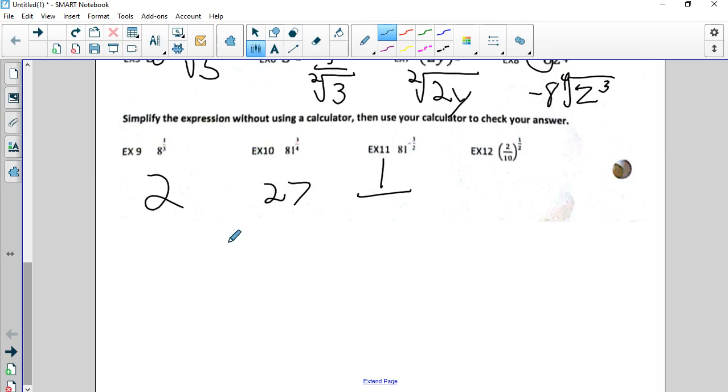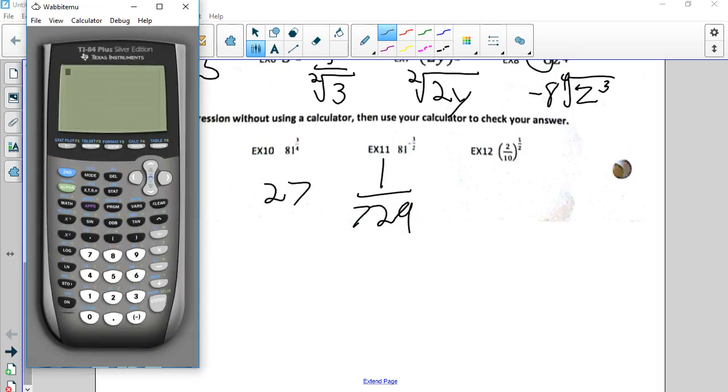So the 2/2, if I square that, would be 81. And 3/2 would be 81 times 3, which is 729. And if I do this in the calculator, first off, let's just see what 81 to the 3/2 is. Boom. And you just put it in the bottom.